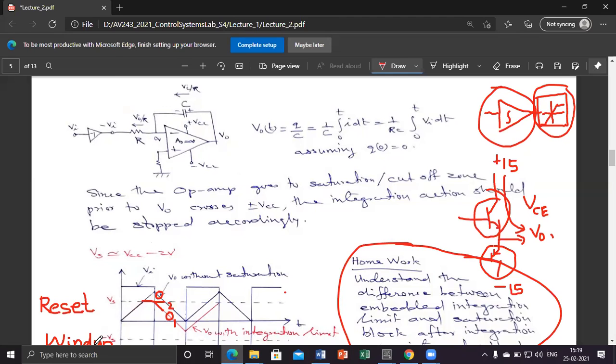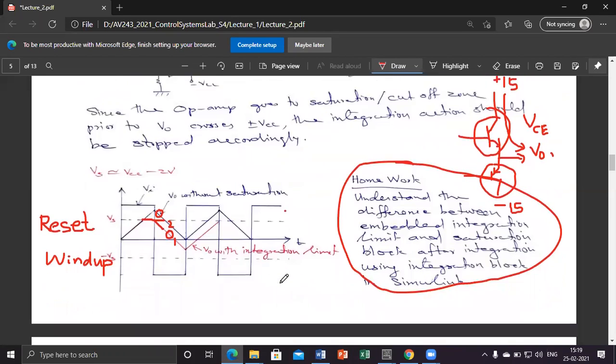When you are using real hardware, suppose tomorrow you are going to implement some amplifier using some available hardware, you should always go to its catalog and see what its dynamic range of operation for the output is. It will not be equal to plus VCC and minus VCC. Find it out and use it in the simulation. That's all. Okay. Sir, thank you.